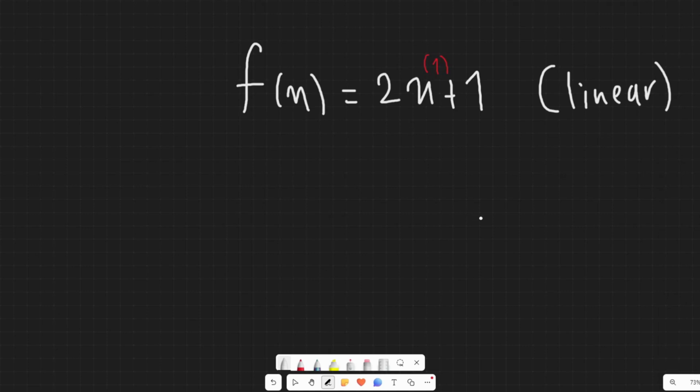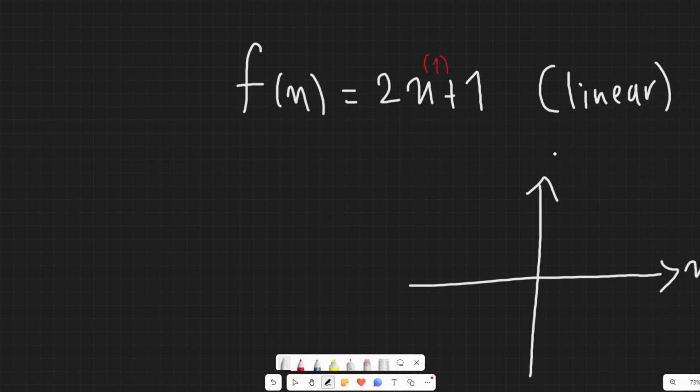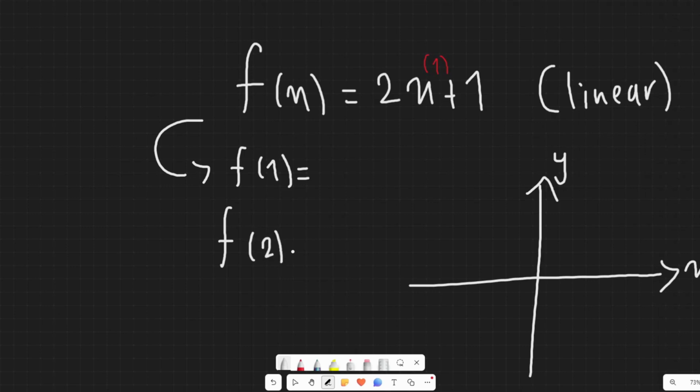Now we want to sketch the function right here. So as you may know, this is our x-axis, this is our y-axis, and we call this the Cartesian plane. Cool. To actually sketch this function, we give it two different points, maybe f(1) and f(2).